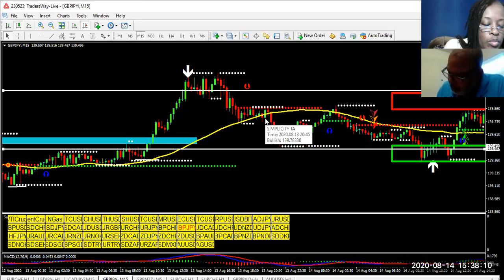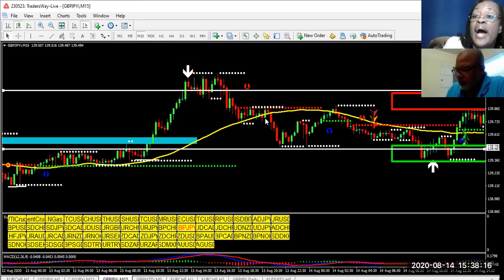Above is for a buy, below is for a sell. Did the candle close below the 50, sell? Correct. And did it close above the 50, buy? Absolutely.